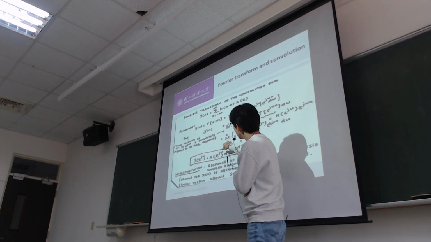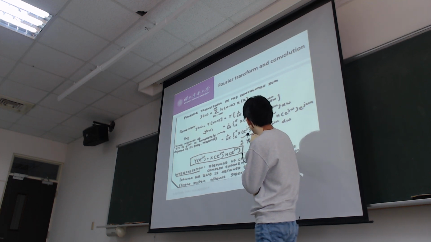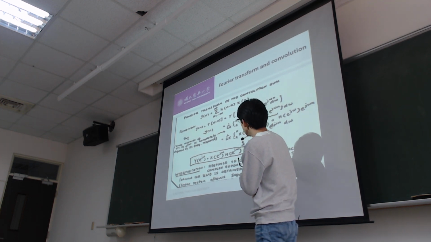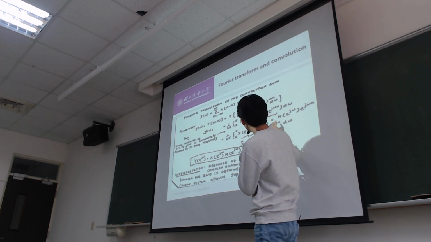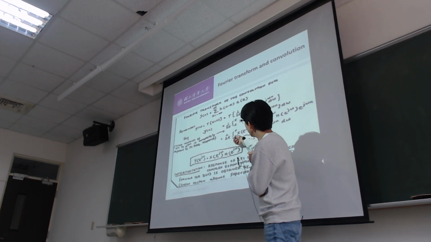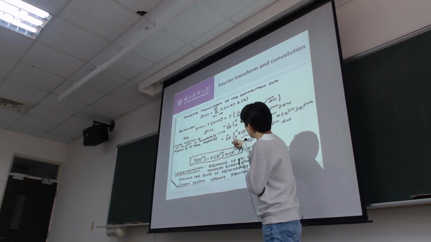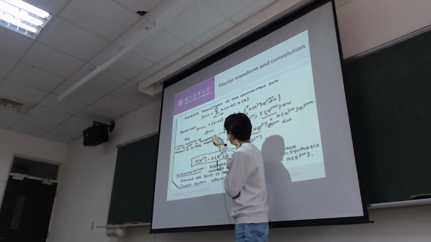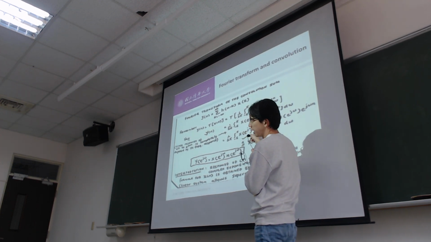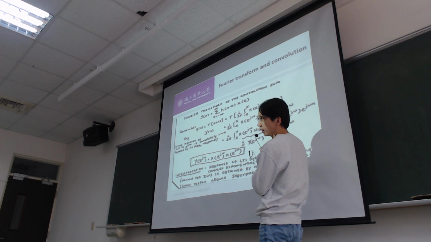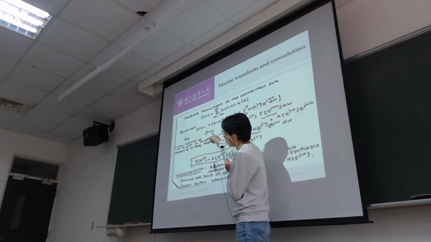Because this becomes a resynthesis equation for y of n, y of n equals 1 over 2 pi, integral from minus pi to pi of X of e to the j omega, H of e to the j omega, e to the j omega n. So this is itself a resynthesis equation for y of n.